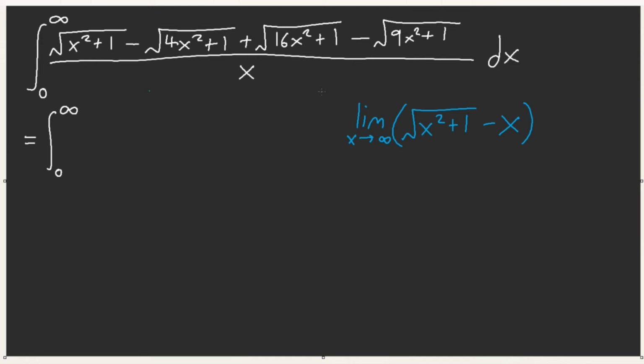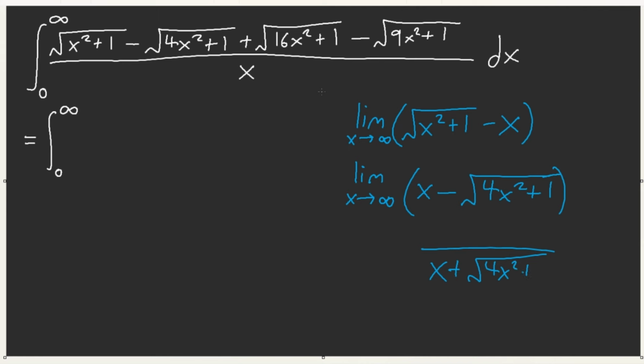But wait, let's be careful. Let's be very careful. Can we do that to all functions here? Right? Can we really do that to all functions here? If I'm doing minus x, I would have to do plus x here. Or do I need to do more than that? Because when we conjugate, we have to do, let's see, x plus 4x squared plus 1.